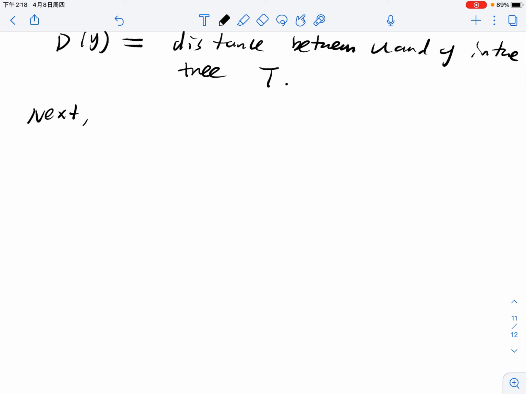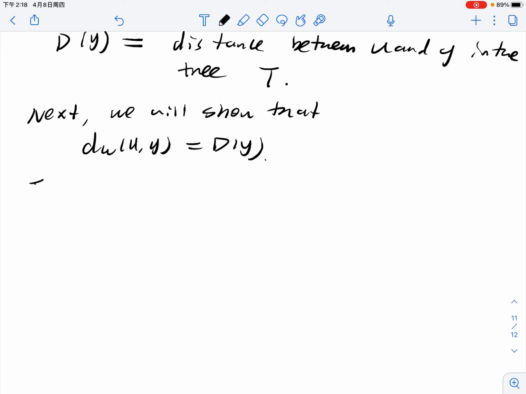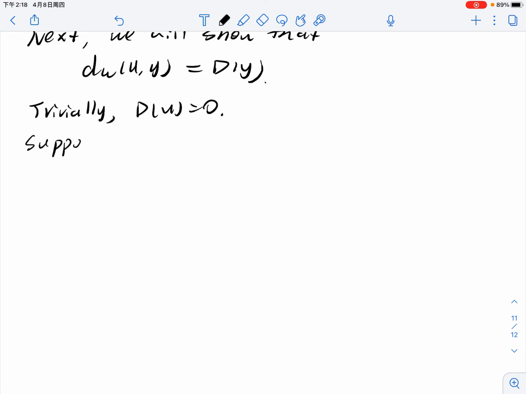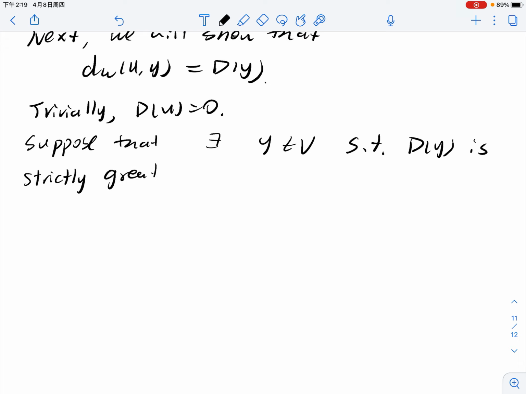So next, we will show that d_omega(u,y) is d_y. Trivially, d_u is 0. And suppose that there is a point y that violates this, such that d_y is strictly greater than the distance d_omega(u,y).